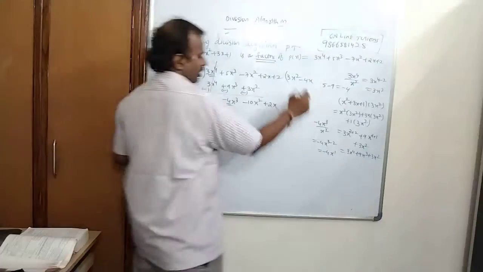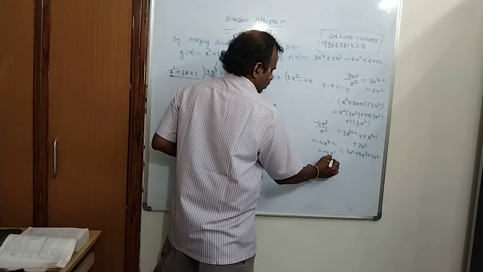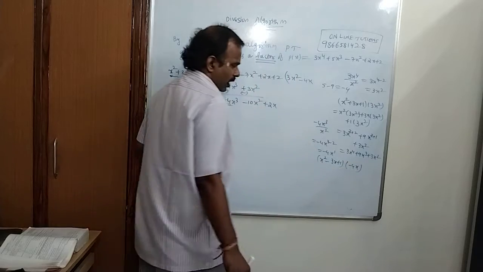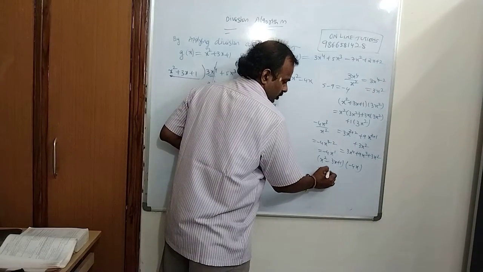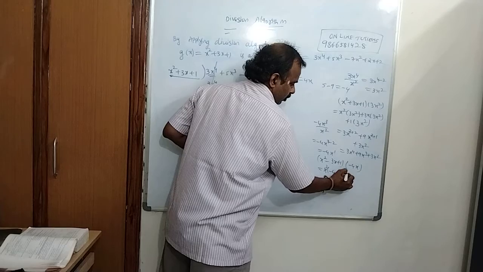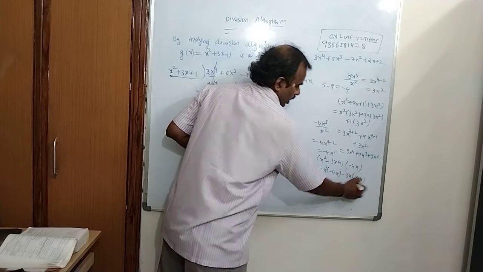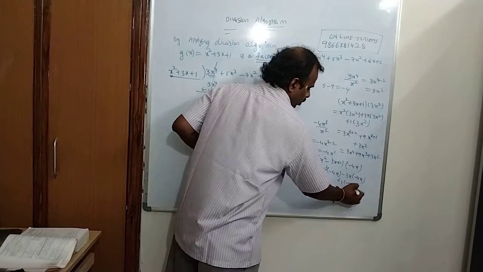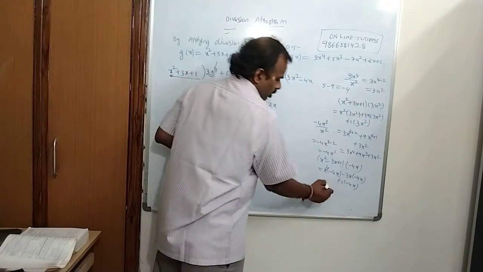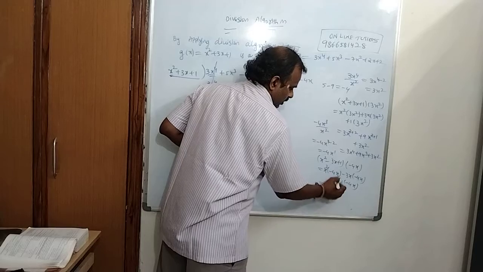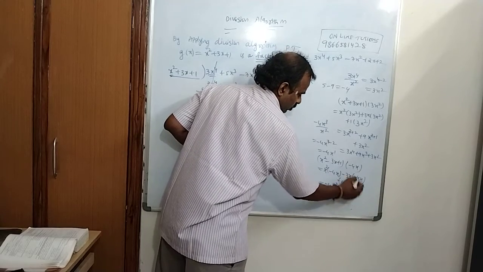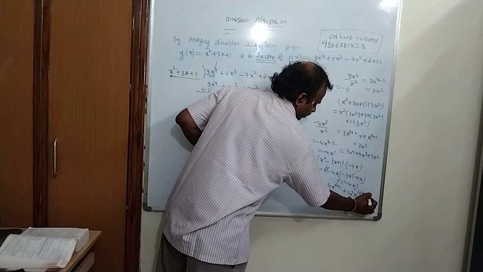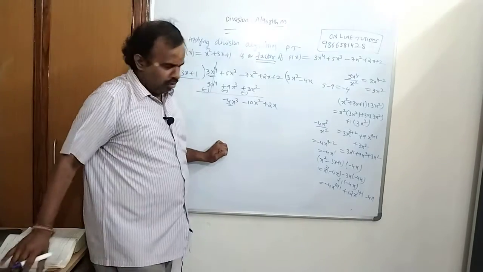Multiply this entire thing with this minus 4x. X square plus 3x plus 1 into minus 4x. So x square into minus 4x, plus 3x into minus 4x, plus 1 into minus 4x. So that is equal to minus 4x power 2 plus 1, minus into minus plus 12x power 1 plus 1, minus 4x.